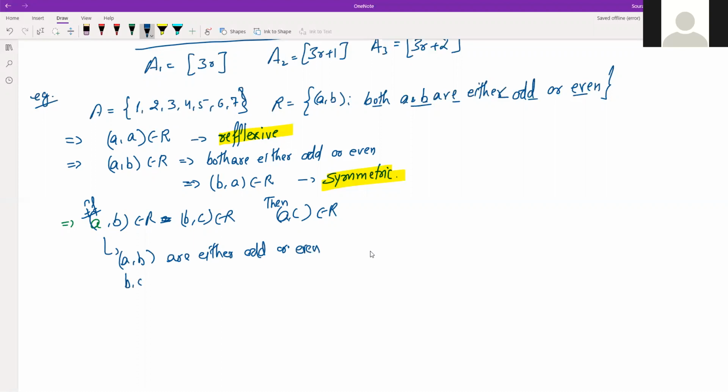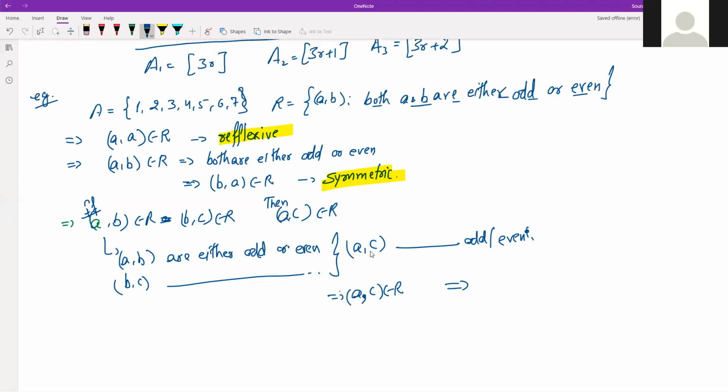And (b, c) means the same, so if we combine them, what can we say about a and c? They are also both odd or both even, so that simply means (a, c) also belongs to R. So from the above three things, we can say that this is an equivalence relation.